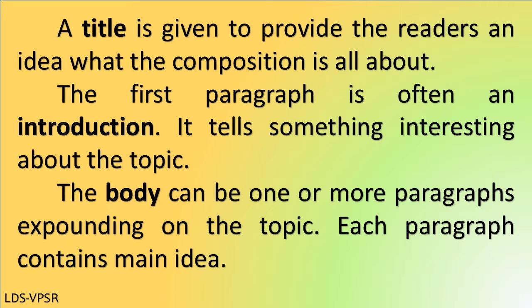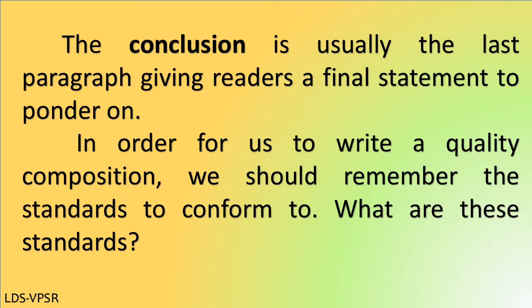The first paragraph is often an introduction. It tells something interesting about the topic. The body can be one or more paragraphs expounding on the topic. Each paragraph contains a main idea. The conclusion is usually the last paragraph, giving readers a final statement to ponder on.